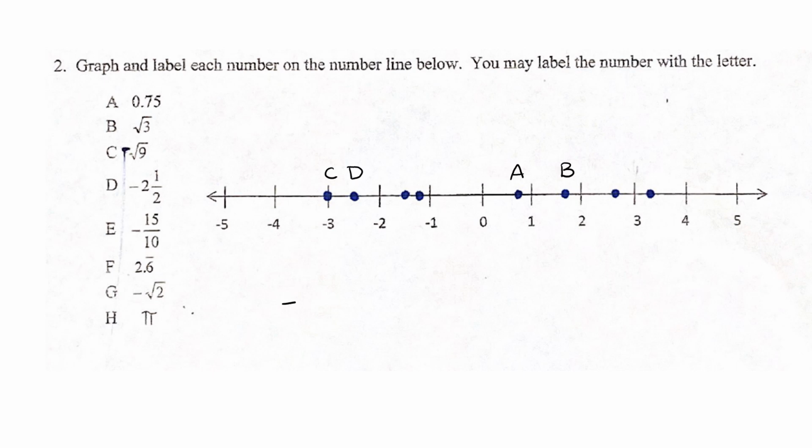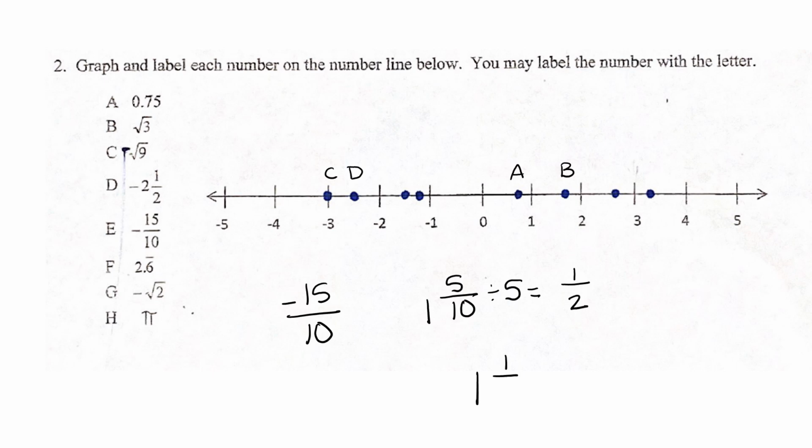For point E, we have negative 15 over 10. This is an improper fraction, so we need to rewrite it. 10 can go into 15 one time, leaving me with 5 left over. So that would be 5 over 10. 5 over 10 as a fraction can be simplified. 5 divided by 5 is 1. 10 divided by 5 is 2.